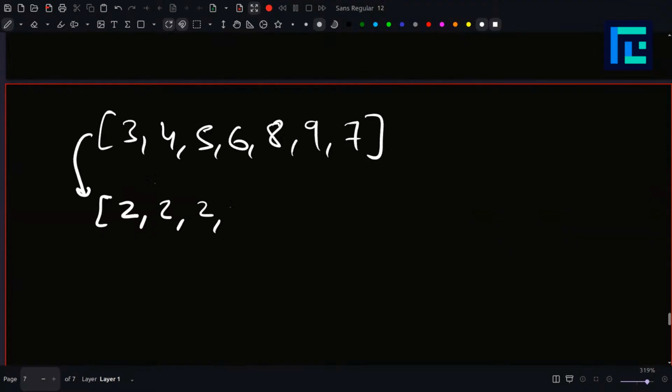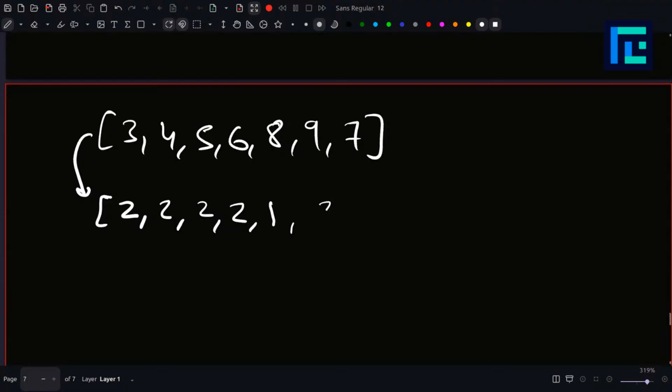What about 6? So 6 is how many bits? So 6 becomes 2. That's also 2. Then pop count depth for 8 is 1. There's exactly 1 bit, right? So 8 is written like this, so it becomes 1 in 1 step. So the pop count depth is 1 over here. What about 9?